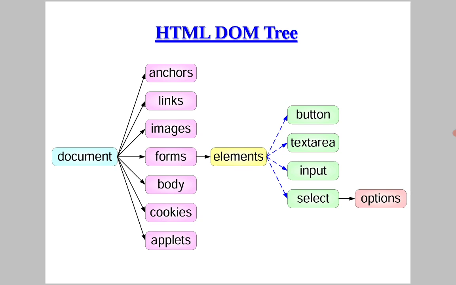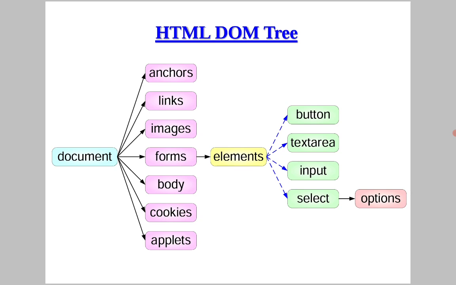Generally, an HTML document or HTML page has various components or objects or parts, like anchors, which means HTML links, and images, tables, forms, the body of the HTML page, cookies, applets, and so on.